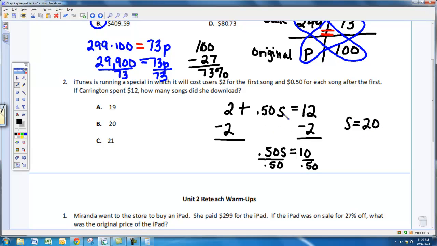It represents the number of songs that were downloaded for 50 cents each. Remember that she also downloaded one song for $2. So our total songs will be 21 songs. So our answer would be C, 21 songs.